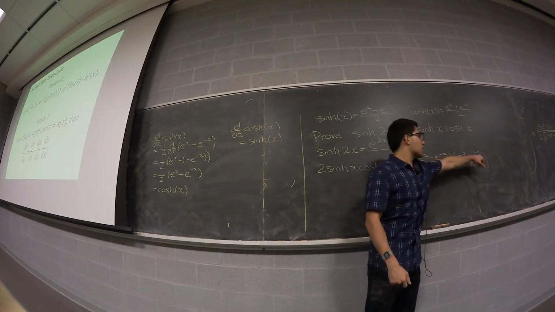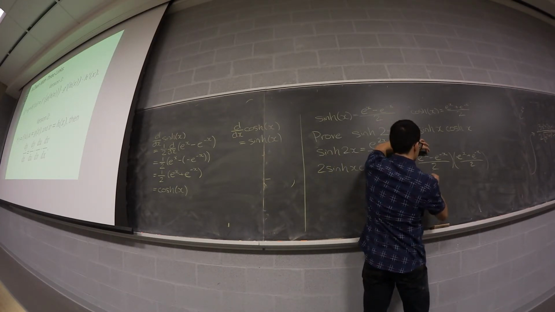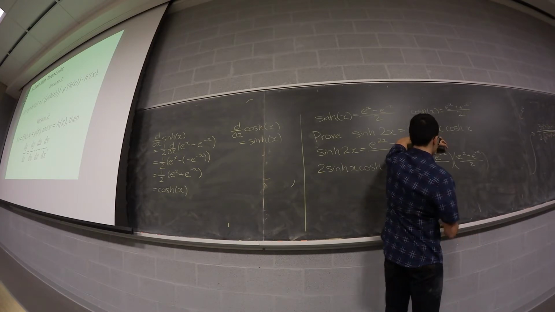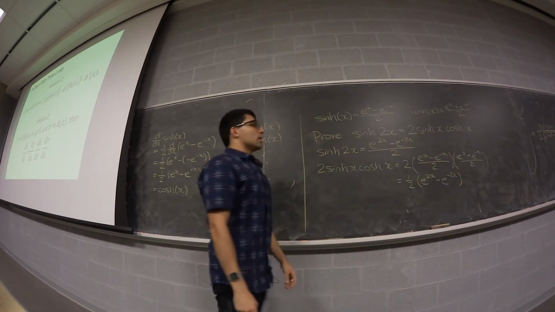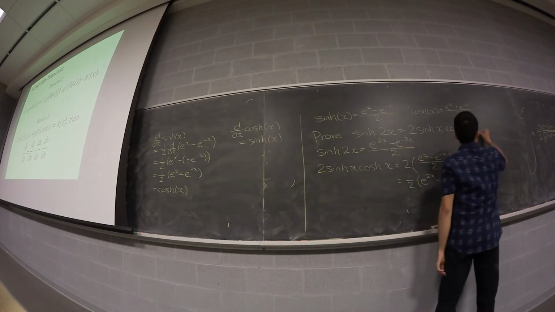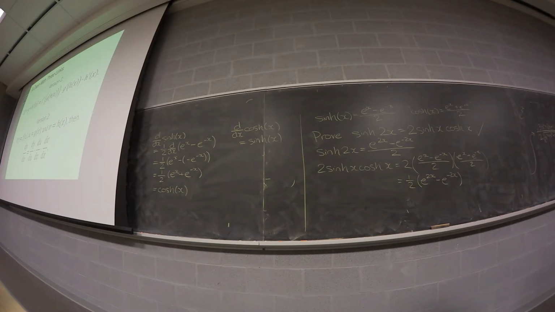A minus b times a plus b. So it's this guy squared, e to the x squared is just e to the 2x, minus this guy squared, e to the minus 2x. Okay? And you may note how much easier that is than trying to prove the equivalent trig identities. But if you know about complex numbers, that becomes easy too. Okay?